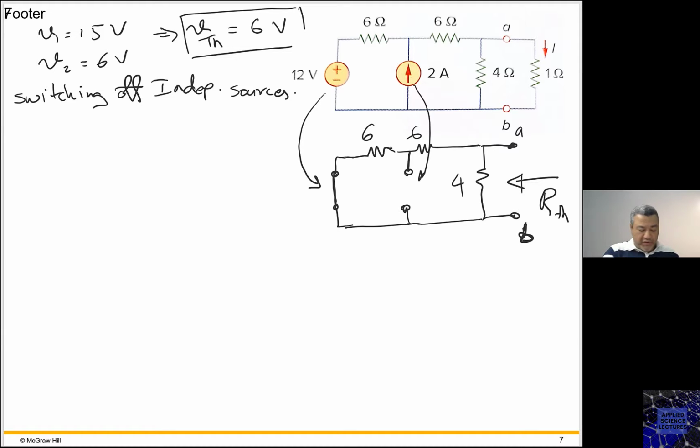So what do you think? What is R Thevenin? Can somebody tell me what is R Thevenin here?